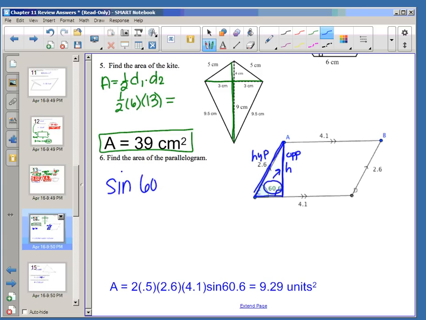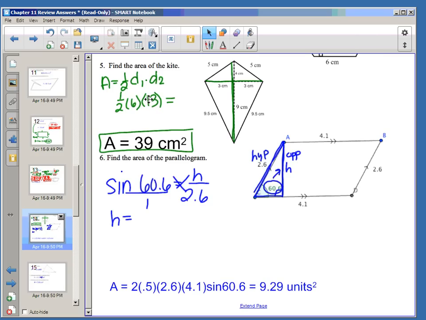So I'm going to do sine of 60.6 equals h over 2.6. Cross multiply, I get h equals, let's see, sine of... oh man, sorry, I gotta get my calculator in the right mode.